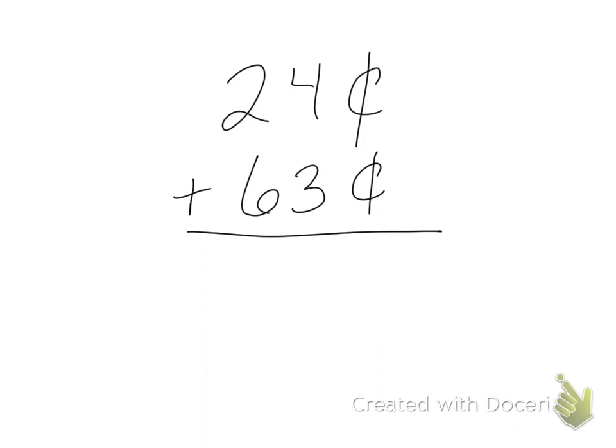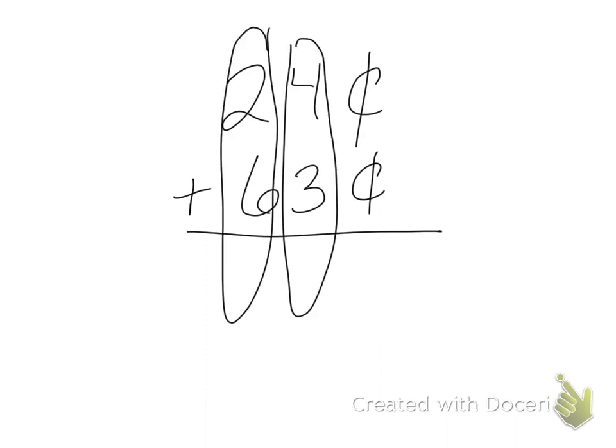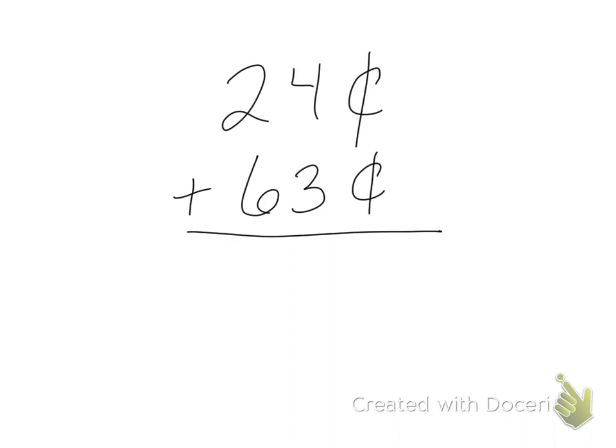You want to make sure to write the numbers that show the number of pennies in the pennies column and the number of dimes in the dimes column. And then we write the addition symbol next to the bottom number. So let's add these numbers written vertically to solve it.